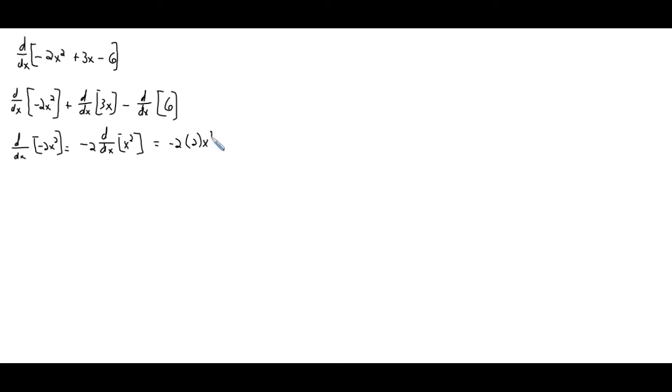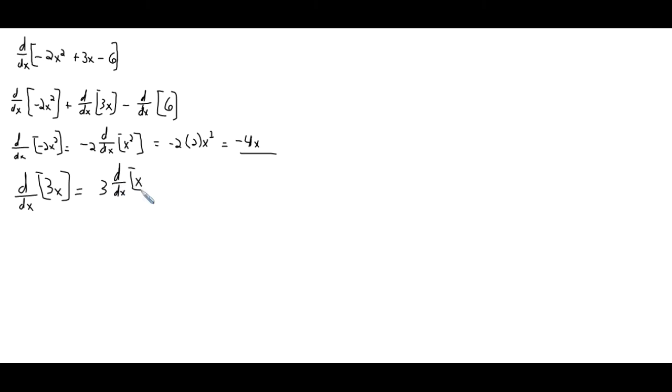And hey, look at that. That's the power rule, x to the n. So we know that this gives us negative 2 times x to the 1, or just x. So that is negative 4x. So the derivative of negative 2x squared is negative 4x. And now, the derivative of 3x, again, we know we can pull the 3 outside.